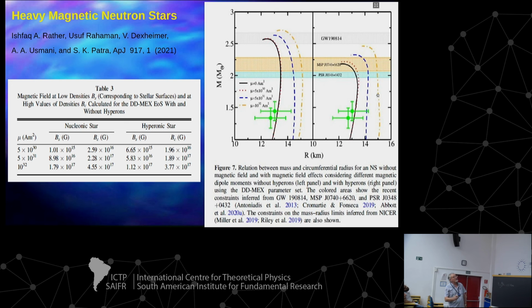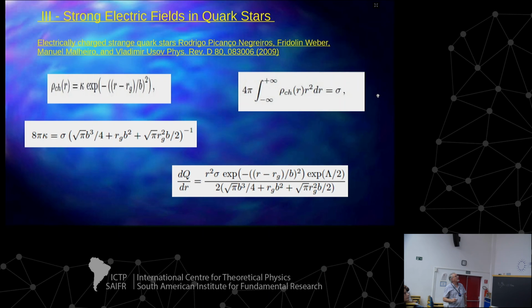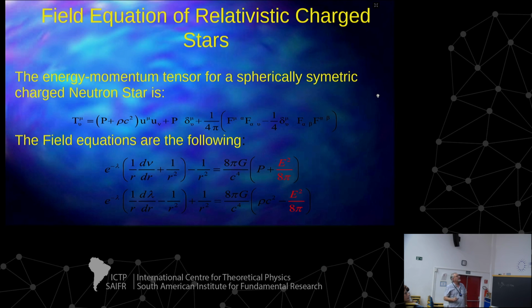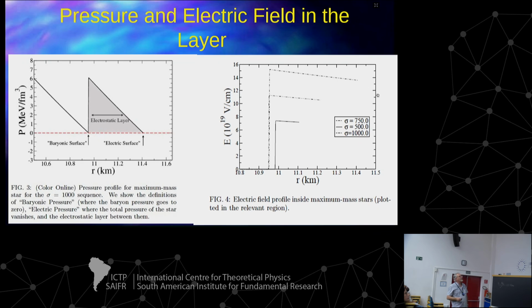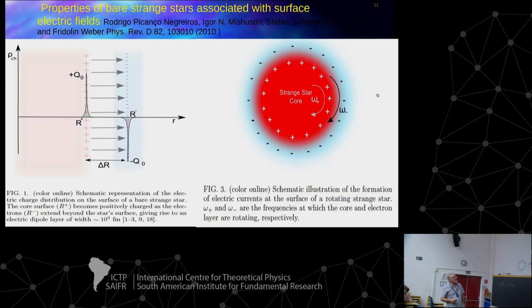So what they showed is that hyperons, if they have magnetic field, can get some magnetic mass, and so you could maybe have two solar masses with hyperons. Here is without hyperons. And I think, okay, I will leave these strong charge electric fields for quark stars for next time. Because this is something I can talk about if someone asks. Okay, that's it.